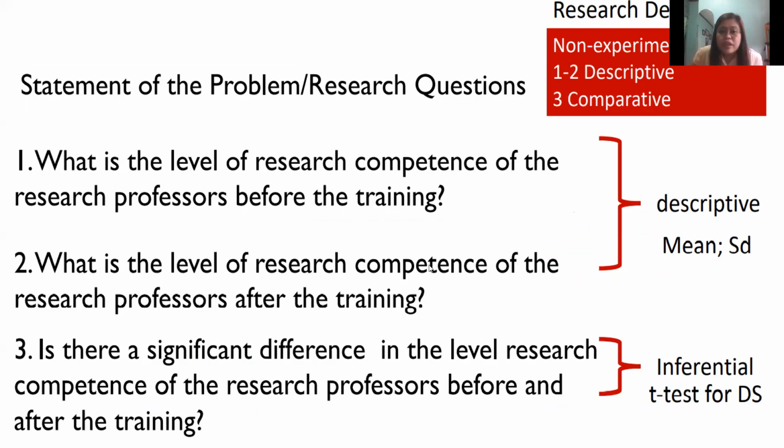Number 2, what is the level of research competence of the research professors after the training? And then, they are two groups. So, is there a significant difference in the level of research competence of the research professors before and after the training? So you have two scores, but they are related to each other because they are the same samples.